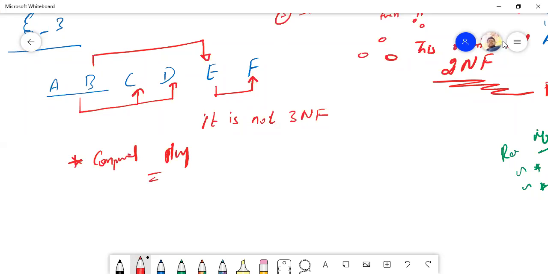If you find any composite primary key like A and B, C, then you can think, not exactly, that in the particular relation there may be some partial dependency. Okay. Mute your microphone.